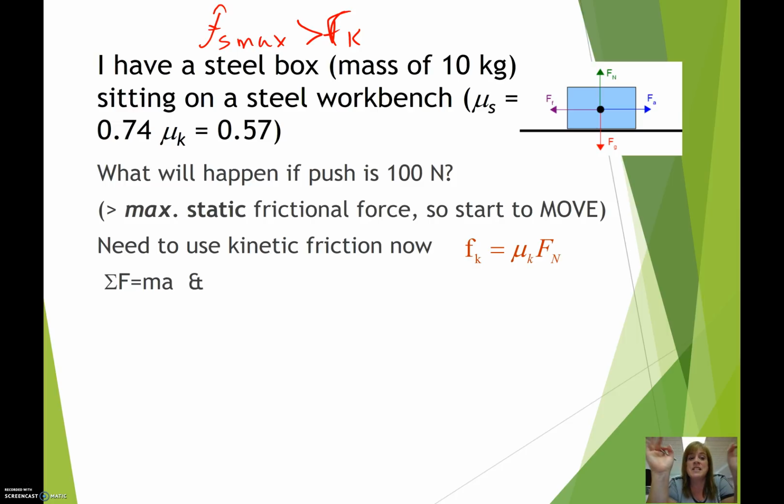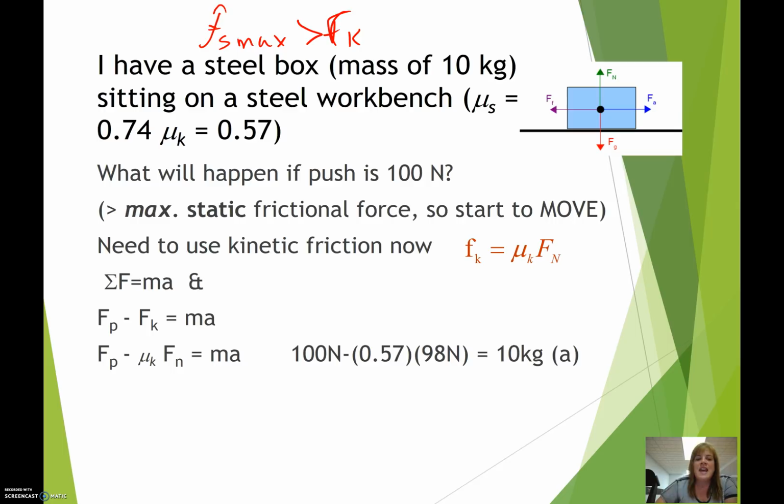All right, that means I'm accelerating. So we've got Newton's second law. If we write our force equation now, we have that pushing force minus the kinetic frictional force is equal to mass times acceleration. And if I break down my kinetic frictional force, that becomes mu sub k times the normal force, and then I just have to plug some numbers in.